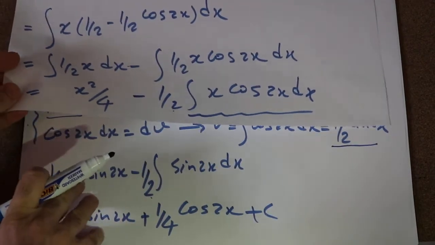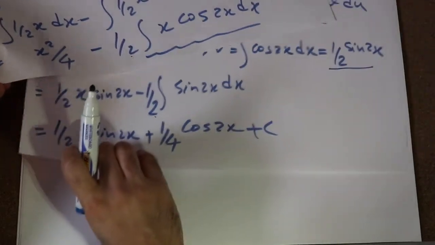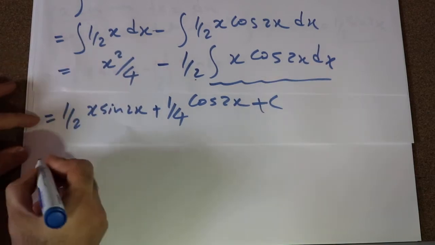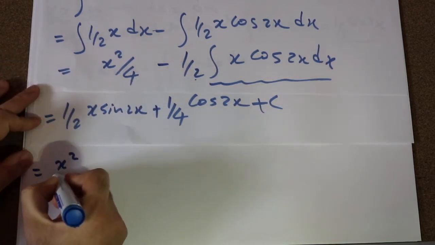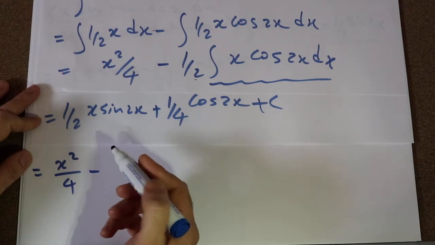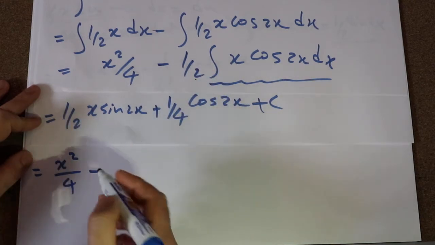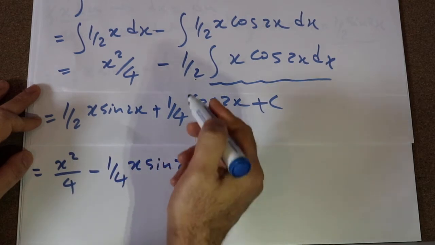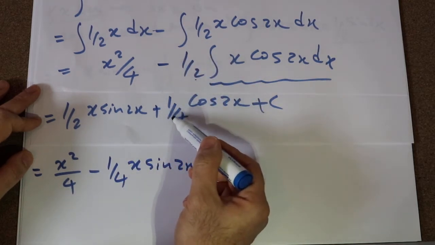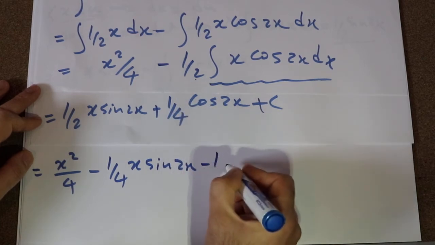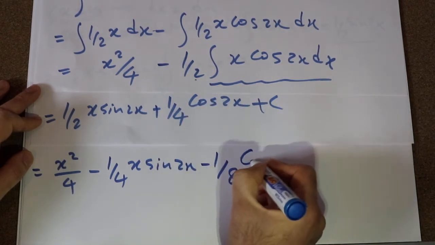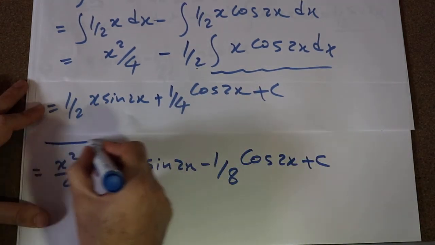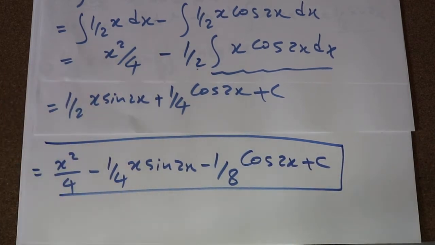Therefore the final answer will be equal to this first term, that is x squared divided by 4, minus 1 divided by 2 times 1 divided by 2, that is 1 divided by 4 x sine 2x, minus 1 divided by 2 times plus 1 divided by 4, that is minus 1 divided by 8 cosine 2x plus c, which is the constant of the integral, and that is the solution to our integral.